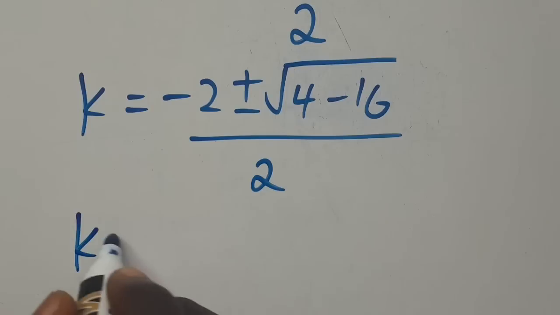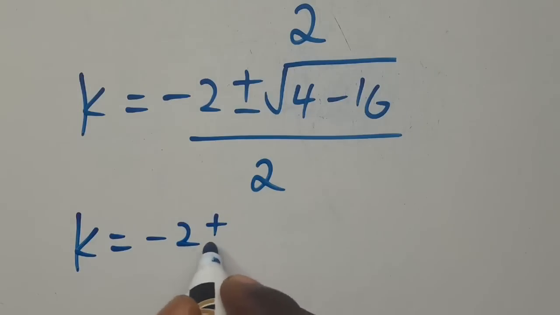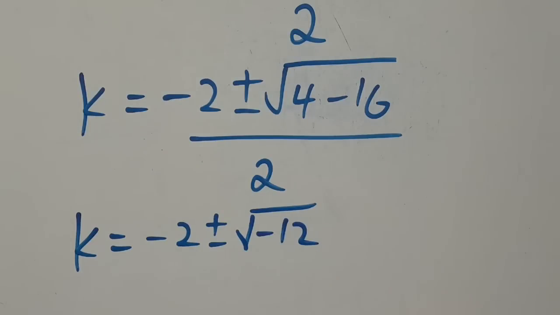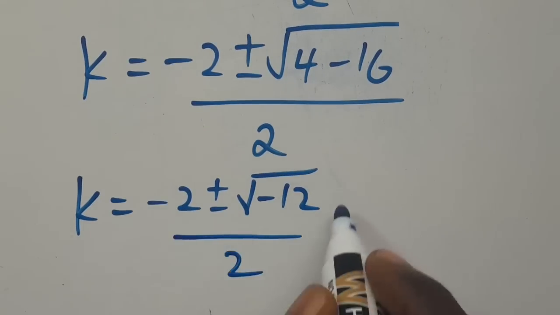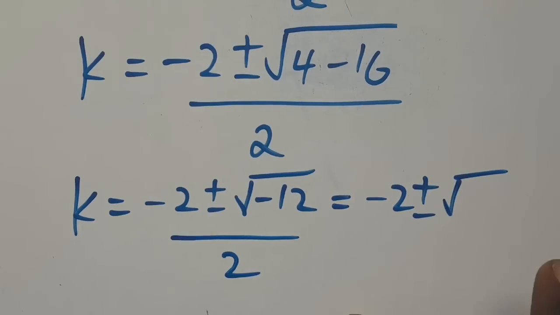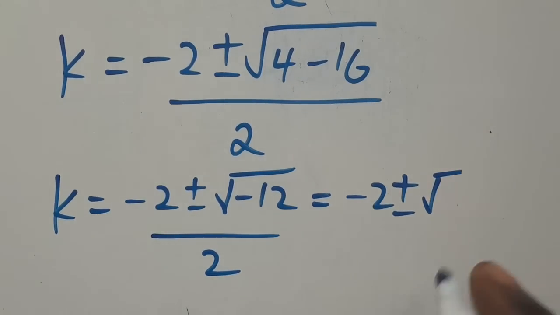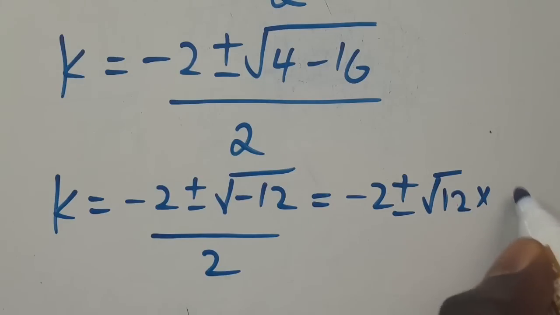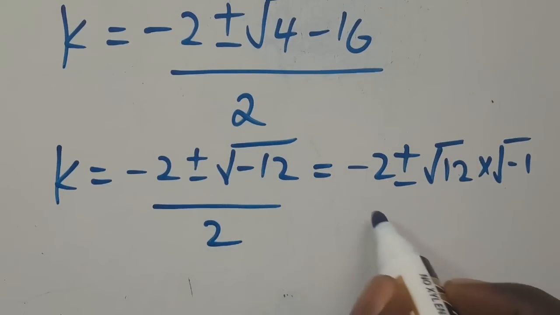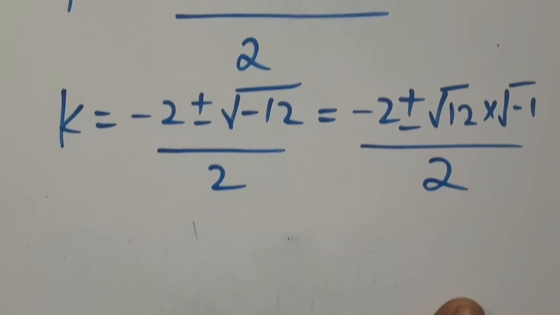We have k equals minus 2, positive or negative root of 4 minus 16, which will be minus 12 again, divided by 2, which equals minus 2, positive or negative root of 12 multiplied by root of minus 1. We can simplify this to be equals this, divided by 2.